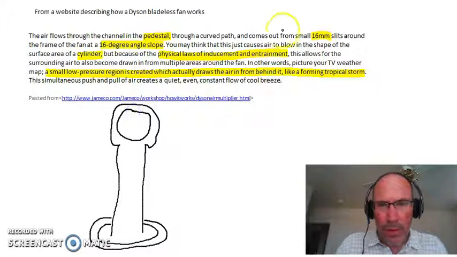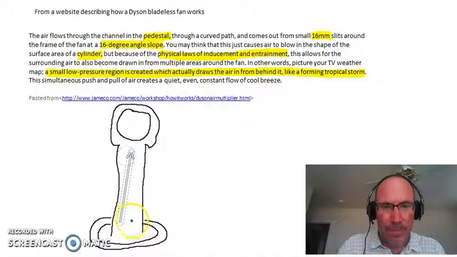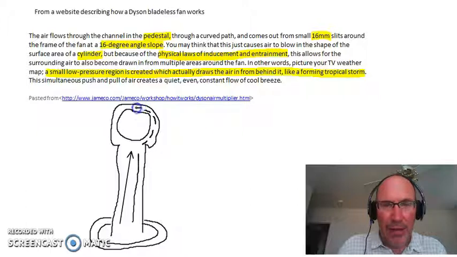And so the air blows in the shape of the cylinder, and the air flows through the channel in the pedestal, through a curved path, and comes out small 16mm slits around the frame of the fan at a 16-degree slope. So we're going to have some air that's going to move up this way, and then it's going to flow out these little cuts or passages at a 16-degree angle.